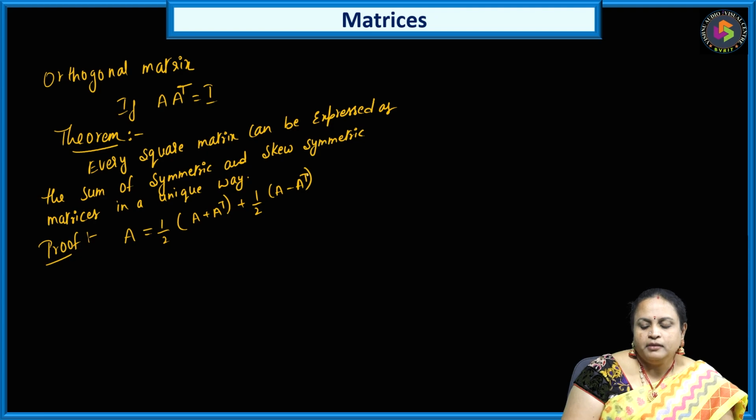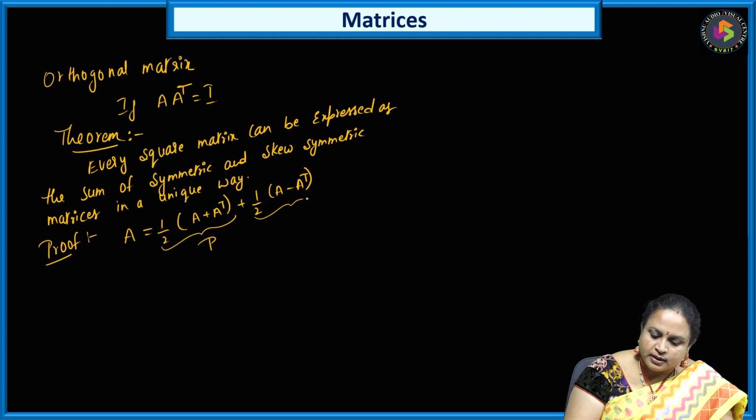The first one we assume as P and the second one we assume as Q. When we add P and Q together, we will get back the matrix A.